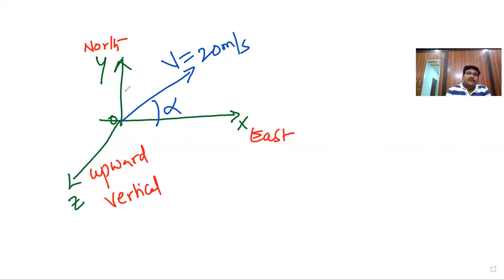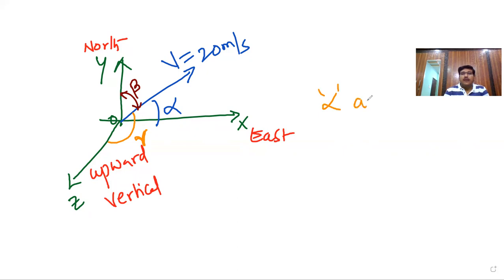Let us say it is making some beta angle with north, the y-axis. The velocity is making an angle of beta with the y-axis. Similarly, the velocity is making gamma angle with the vertical up.